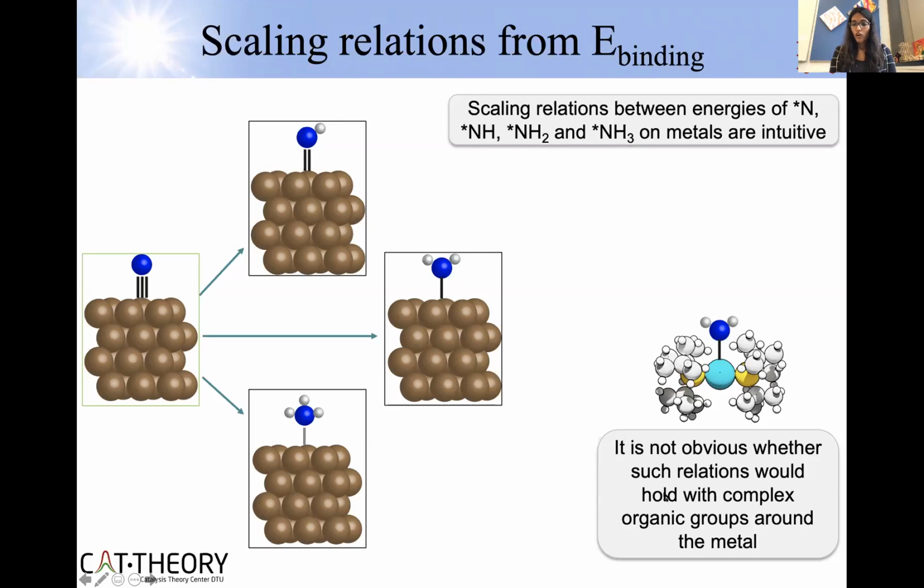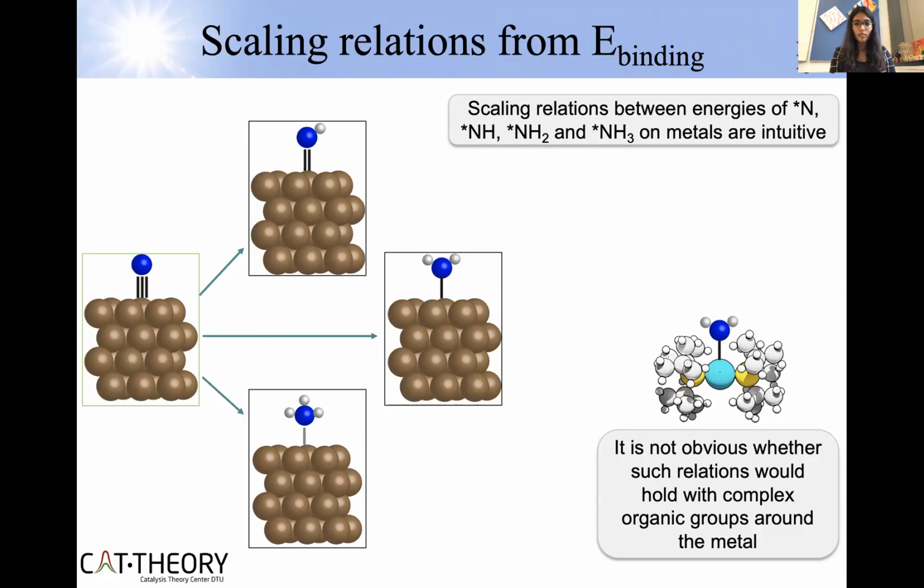But it's just not obvious how such relations would hold when you have a metal adsorbate interaction along with different organic groups around it. These large organic groups can interfere with how the metal atom would interact with the adsorbate, and it's not clear whether scaling would hold or not.